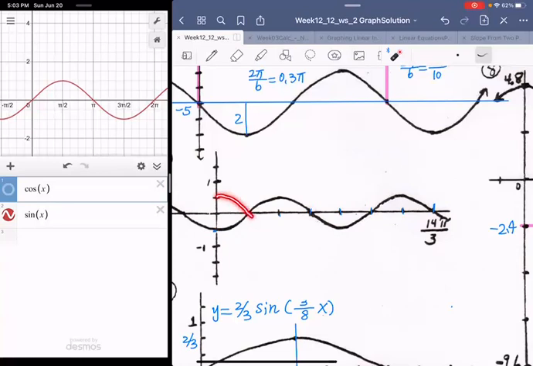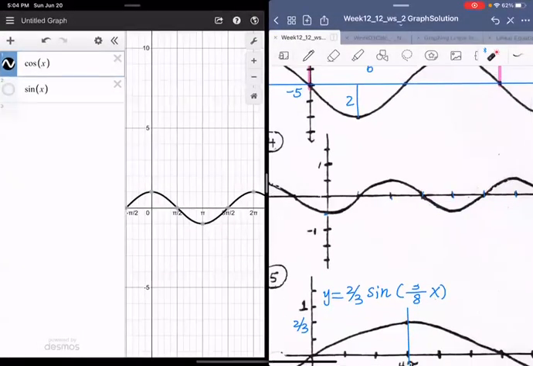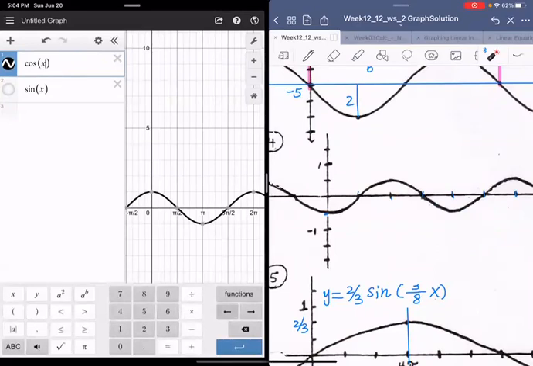If you use cosine, cosine goes like that. If you put a negative, you flip it. Look at here. This is cosine. The graph between the left and the right window, if you change this by putting a negative, this will match. So you put a negative cosine x, yes? Yes.